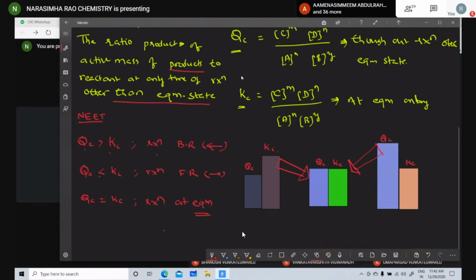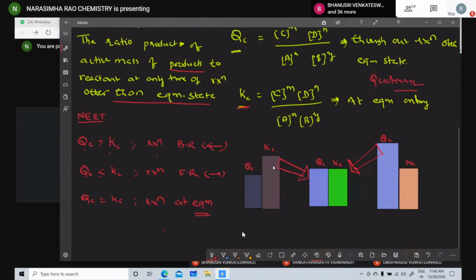If we take the concentration ratio not at equilibrium, it is called the reaction quotient. If it is at equilibrium, this is called Kc. What will be happening, children?